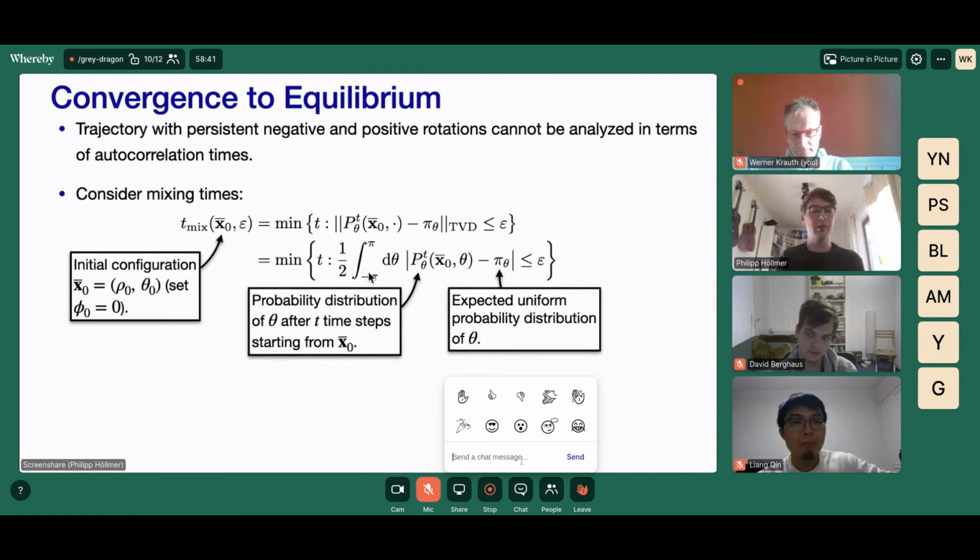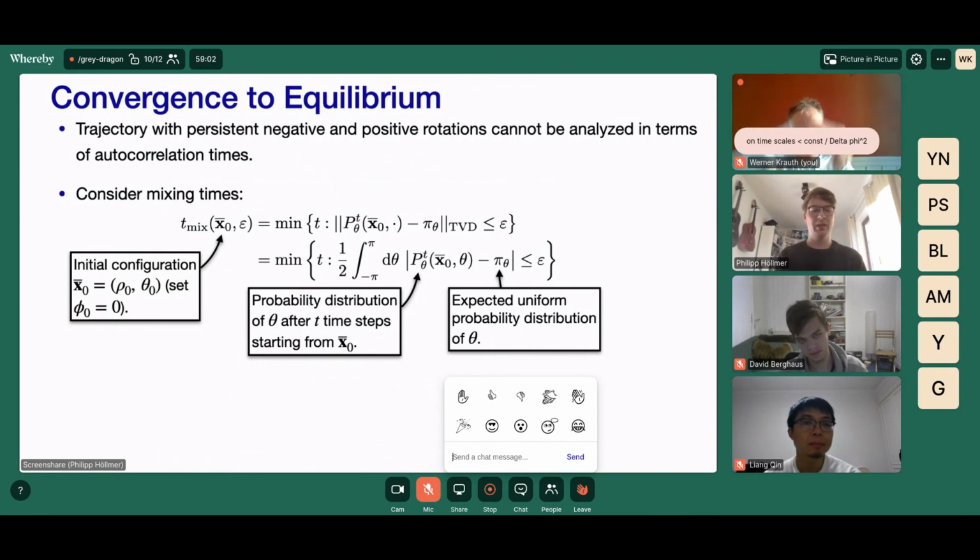So in this case, we went back to the theory of Markov chains, and we instead consider the so-called mixing times. We define the mixing time as a function of an initial configuration x0 and a bound epsilon. And here the initial configuration depends on an initial dipole length ρ0 and an initial dipole angle θ0. In principle, you would also need to choose an initial direction.